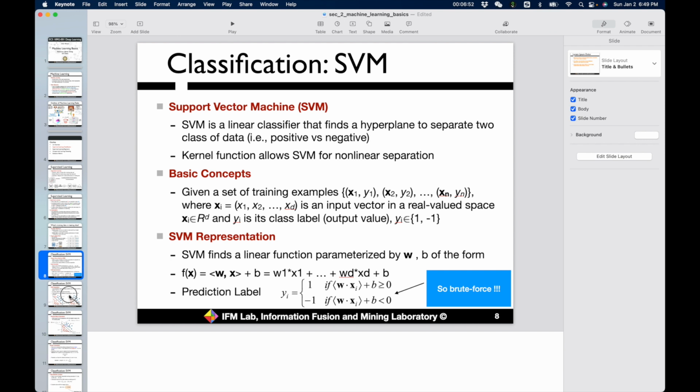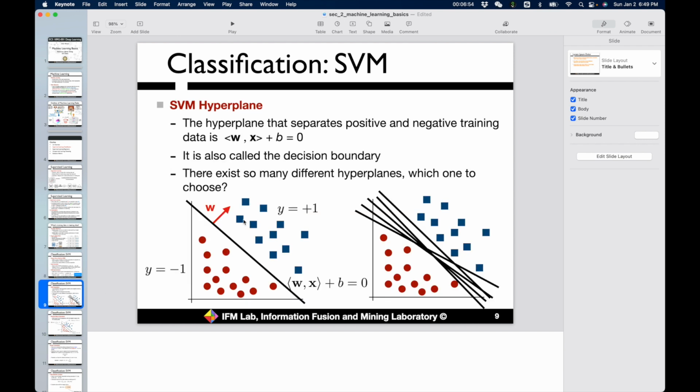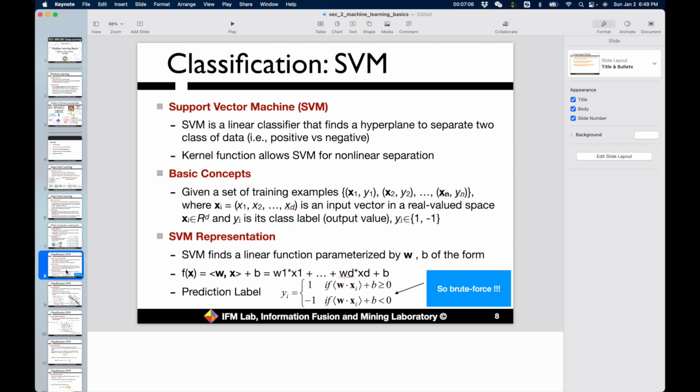Depending on the location of the data instances above or below the line, we can classify them as a positive or negative instance. So this line separation will correspond to these two equations we showed before. We define f(x) first, and depending on the values, we can classify them as a positive one or negative one. This denotes the instance is above the line. This denotes the instance is below the line, right?